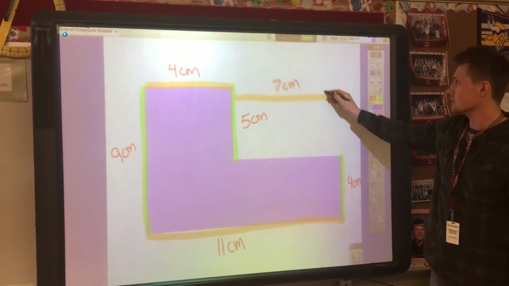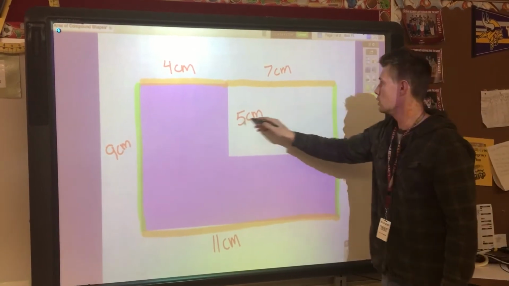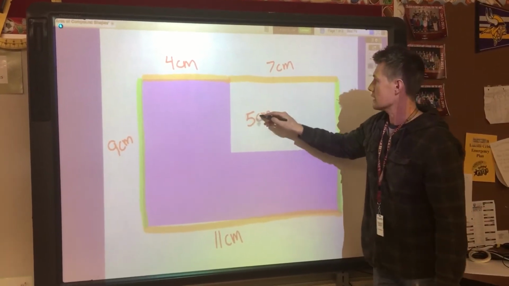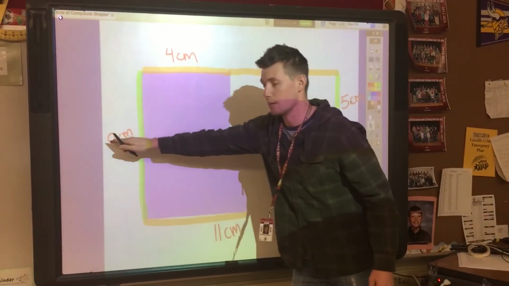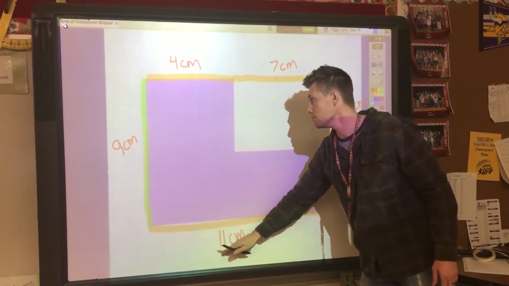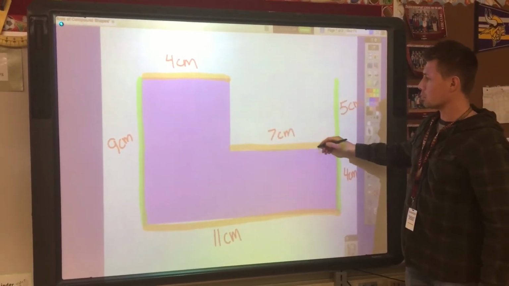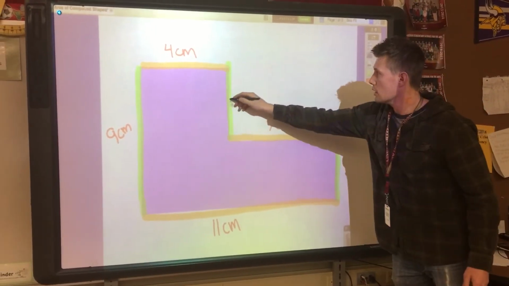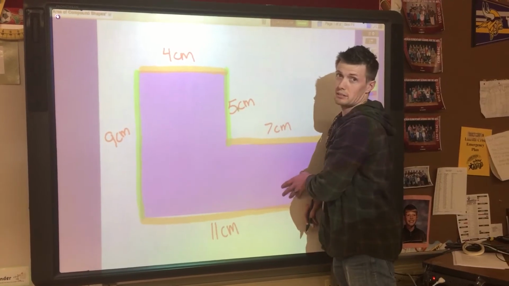And if we actually just move this here and this here, we will see 4 plus 5 is the same as 9, 4 plus 7 is the same as 11, and we really just have a large rectangle that is now broken into smaller parts, or two different rectangles.